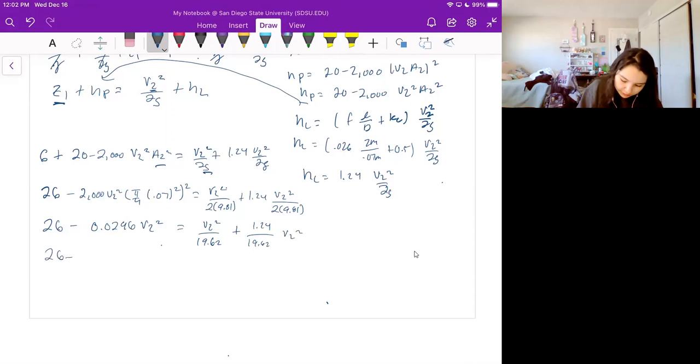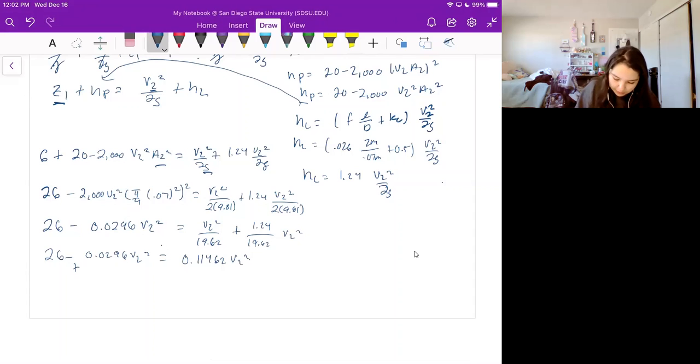So you get 26 minus 0.0296 V2 squared is equal to 0.11462 V2 squared.